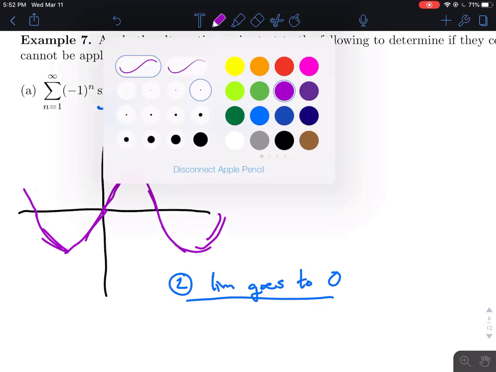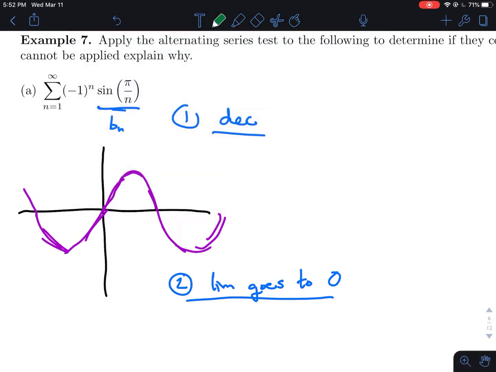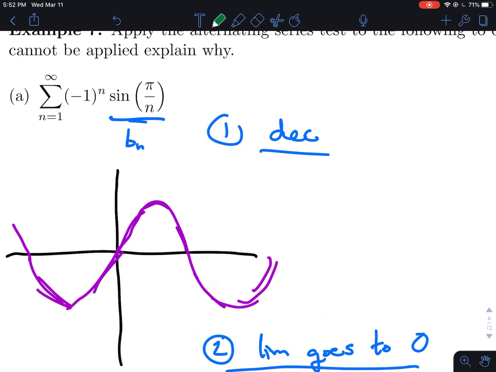Now let's pretend we were starting to plug in specific values. So we start off at n equals 1. If I plug that in, we'd have sine of pi over 1. So sine of pi over 1 is going to be all the way out here. This is when n equals 1. Sine would output 0. Next up, if I plug in n equals 2, we'd have sine of pi over 2.